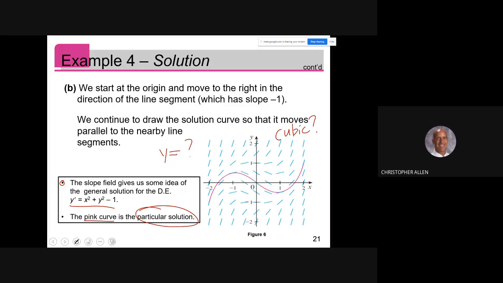Radical 2 over 2. Then this is going to be 1. So that would be plus pi over 4. And then a 1. So that would be minus pi cubed over 64.